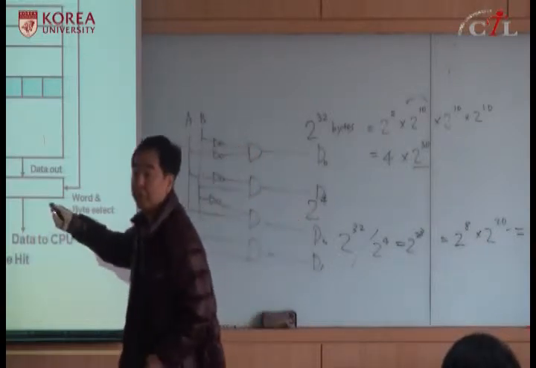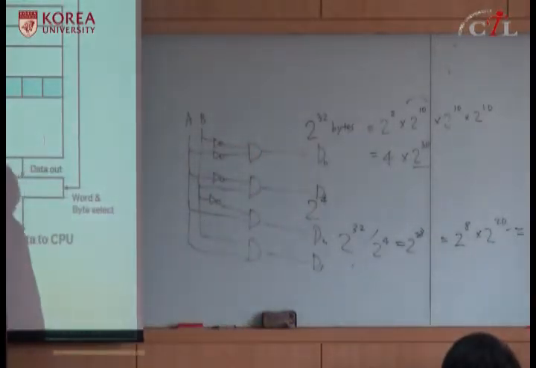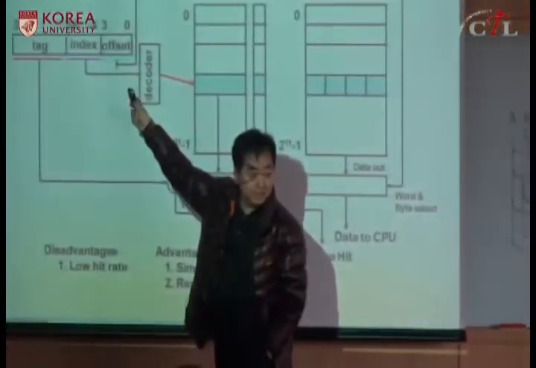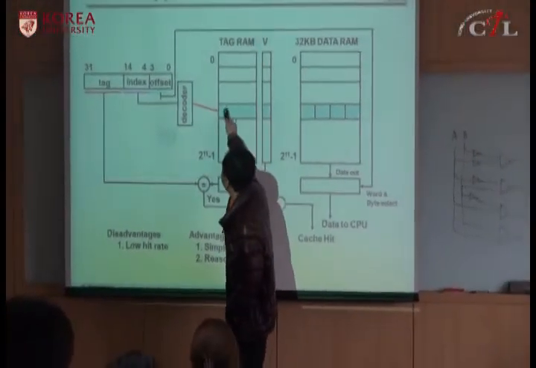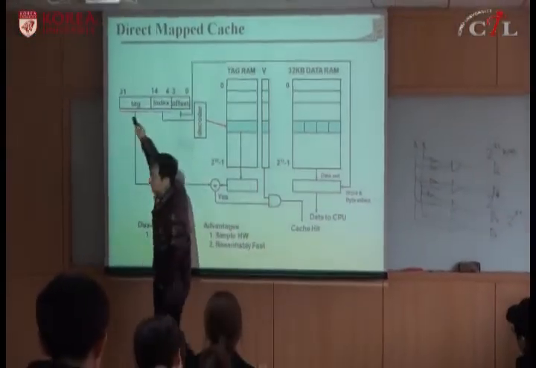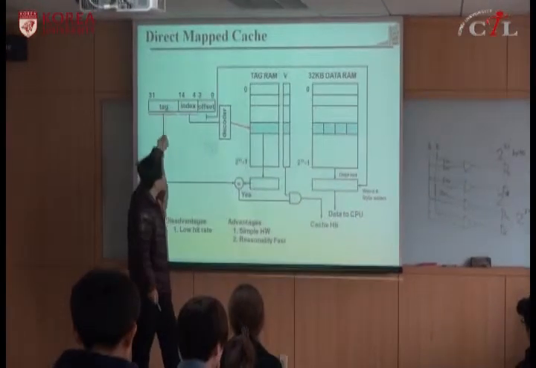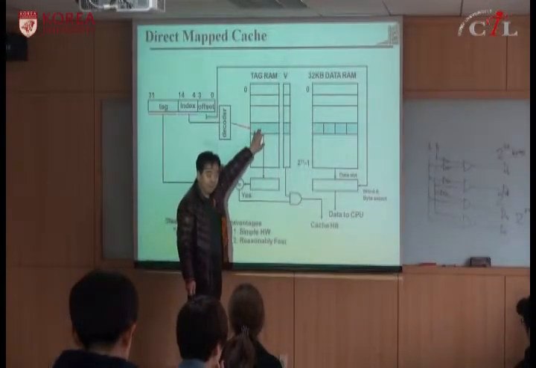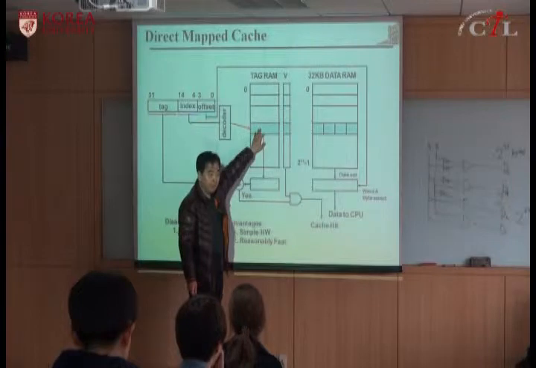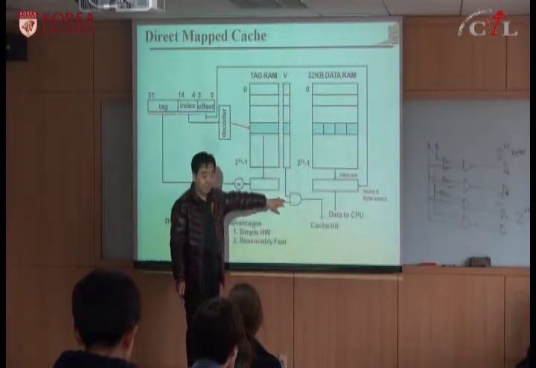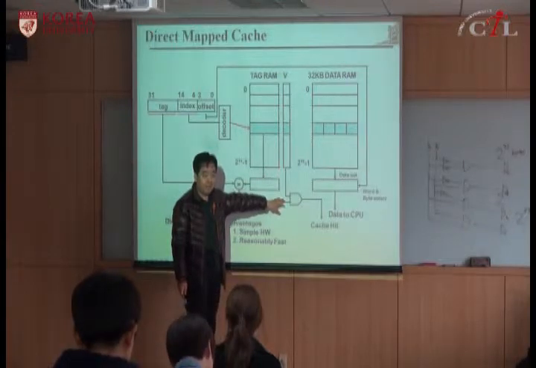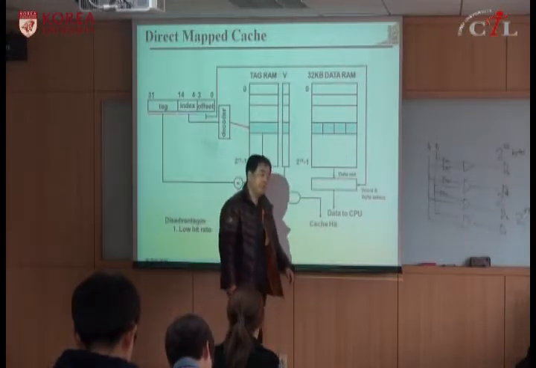So you select with the decoder, and this is the only location where you can find your address and your data, right? So the remaining 17 bits become the tag. You compare the 17 bits, and if the 17 bits are equal, then you have a cache hit, right? That is the direct mapped cache.